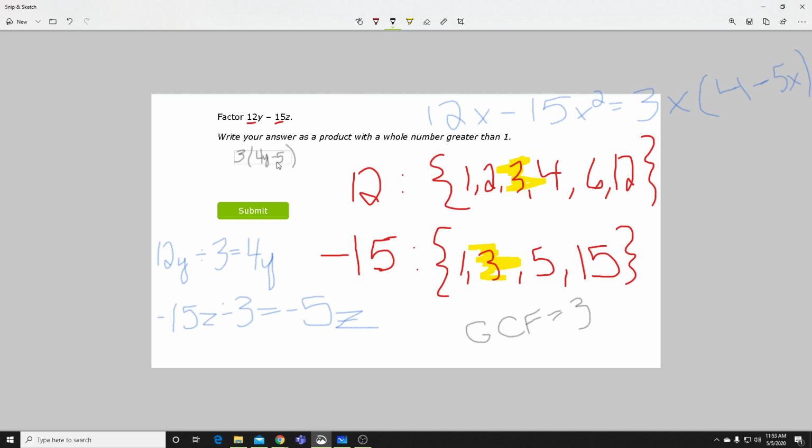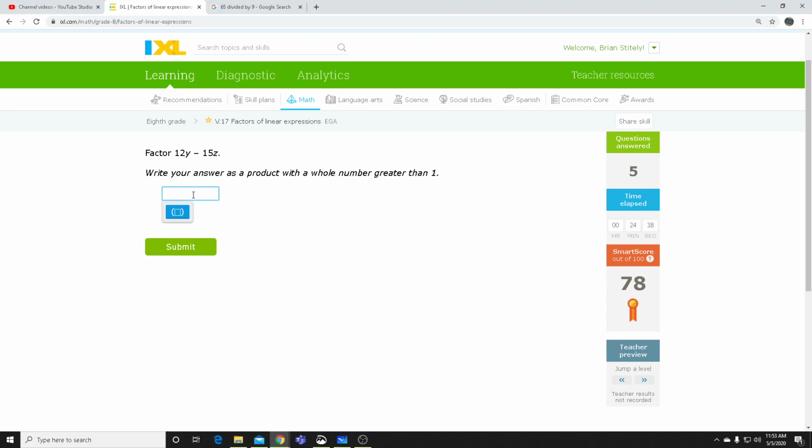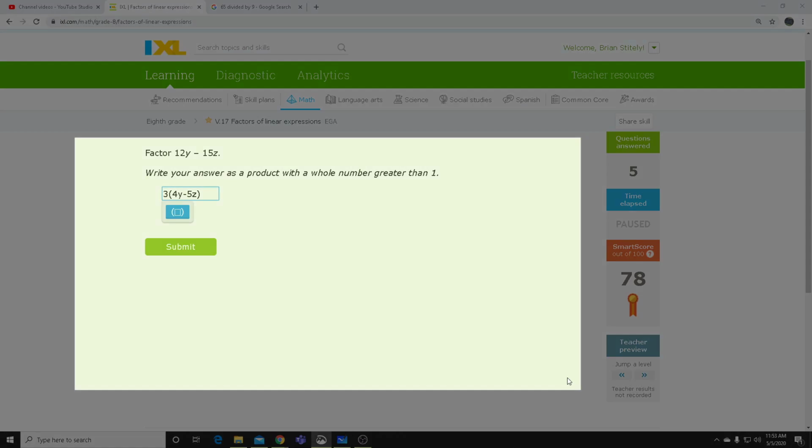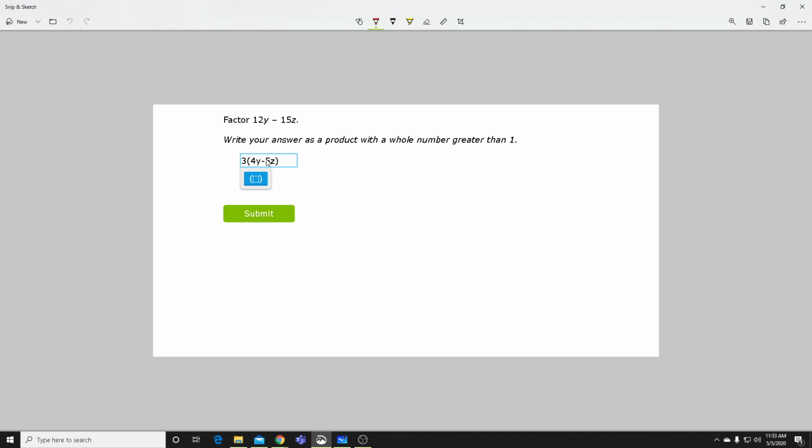And by extra careful, I know you don't want to, but something that will save you time so that you don't have to redo the questions is if you can go ahead and check your work. So we have 3 times 4y minus 5z. Let's check this real quick. Remember, you can check this with the distributive property. 3 times 4y gives us 12y.